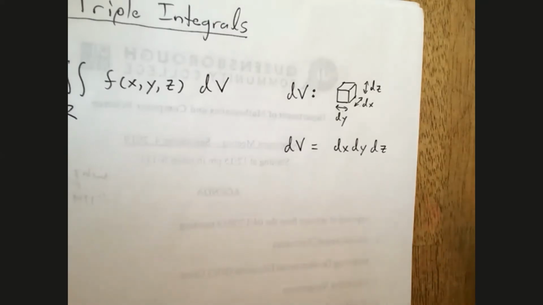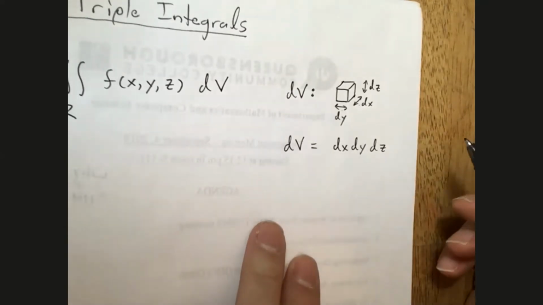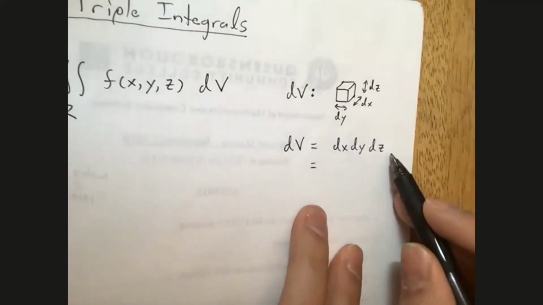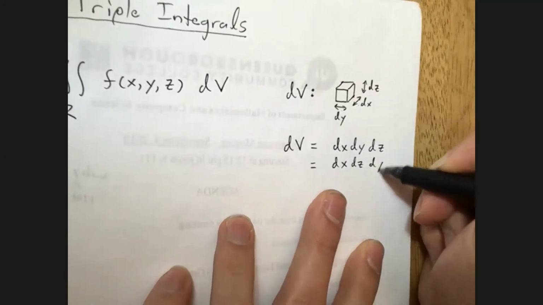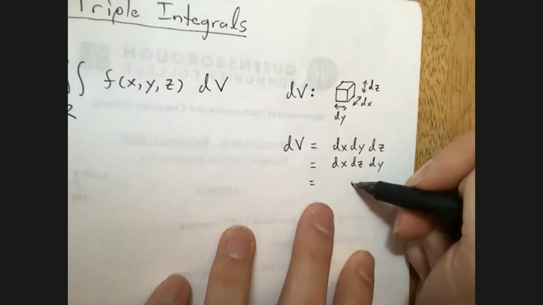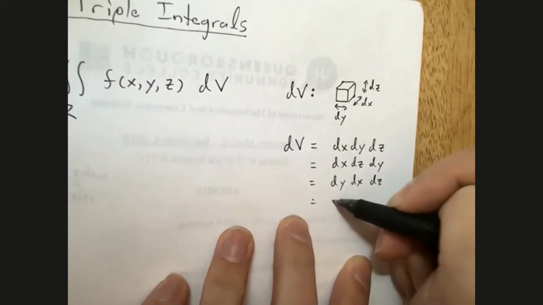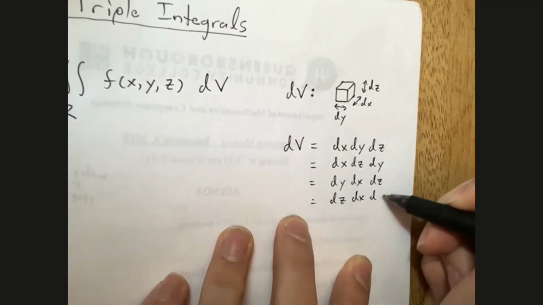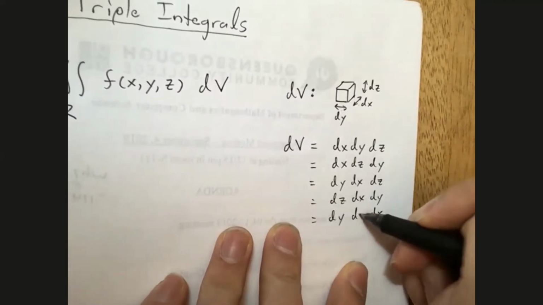So when we did the dA, we saw that we could write it as dx dy or dy dx. Well, dV, you can mix these up as well. You could write it dx dy dz. You could do dx dz dy. You could do, let's put the dx in the middle, dy dx dz. You could do dz dx dy. And we could put the dx at the end.